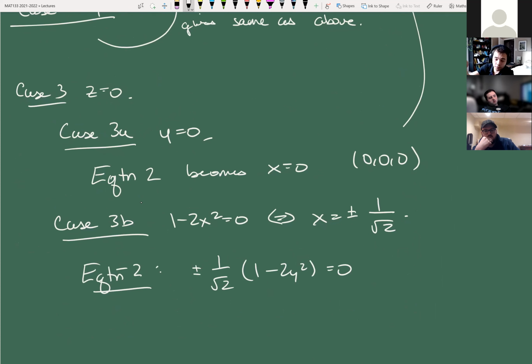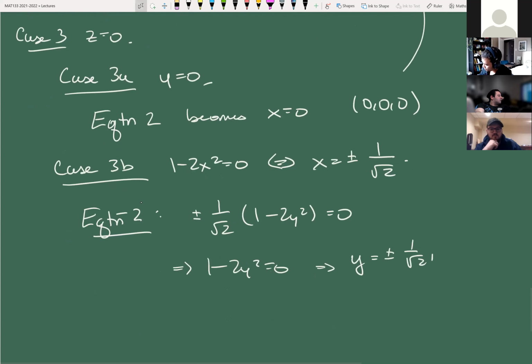The plus or minus 1 over root 2 in front doesn't do anything, right? Because it's just a number. So you can multiply both sides by plus or minus 1 over root 2. So this tells us 1 minus 2y squared is equal to 0. So y is also equal to plus or minus 1 over root 2. So this gives us 4 solutions, plus or minus 1 over root 2, plus or minus 1 over root 2, and 0. And then you're like, okay, that's my analysis of equation 1.